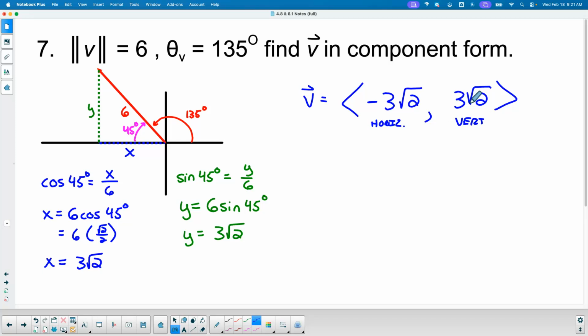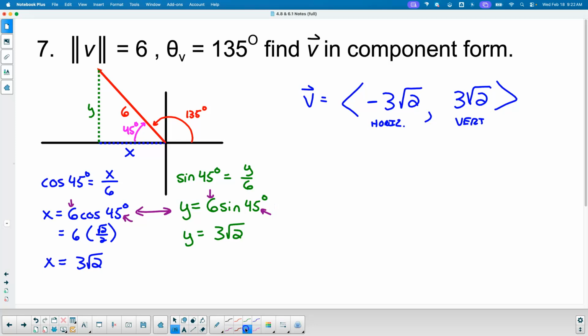Yeah? Okay. So let's look back here at this line right here. Where did the 6 come from? Magnitude. The 45 came from the direction angle, right? But it's the reference angle, correct? Okay. So is there a way that we can adjust that to fit with the direction angle? And the answer is yes. Okay?